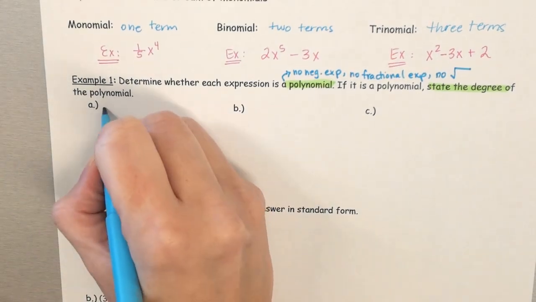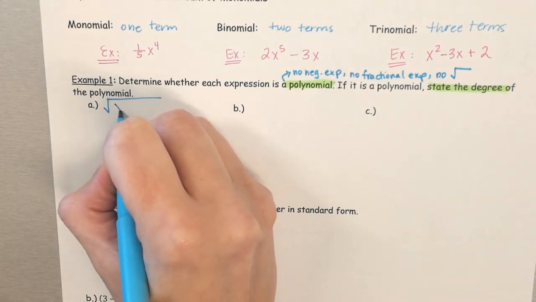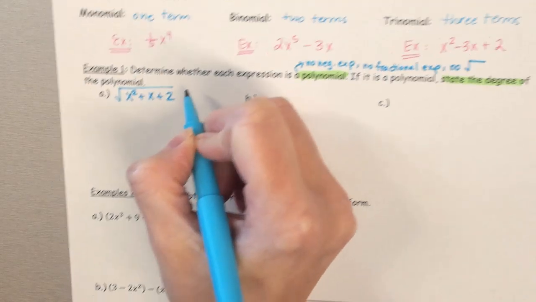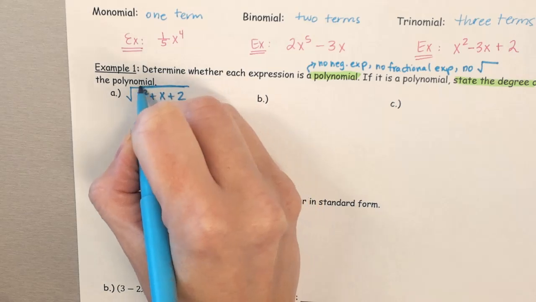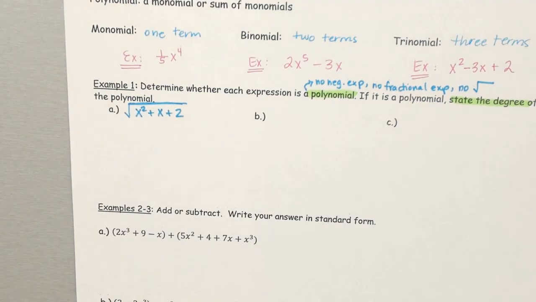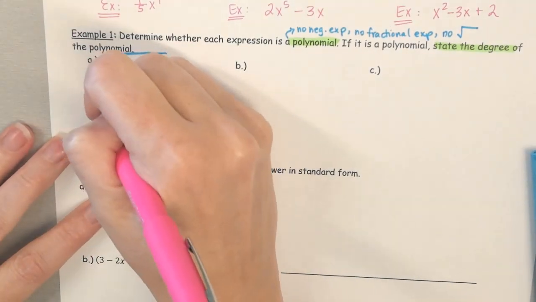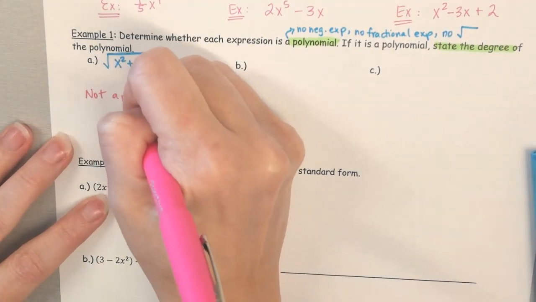And then for A, we have the square root of x squared plus x plus 2. So right away, we know there's a problem because we just talked about this. It's not a polynomial because what can't you have? The square root. Okay, so not a polynomial.